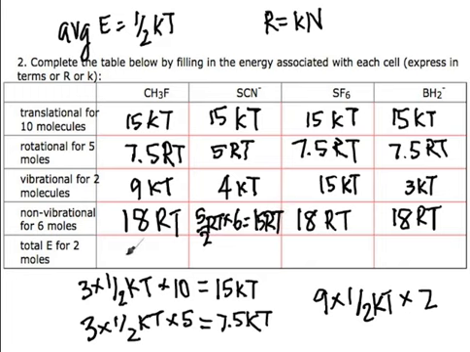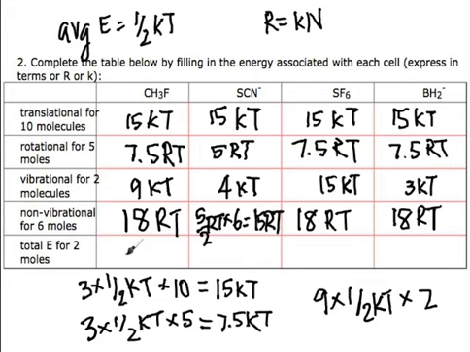Now for the total energy, this is just going to be the total number of atoms times 3, right? Because 3N. For CH3F, we're going to have 5 times 3, 15 times 1/2 kT times 2, because we have 2 moles.